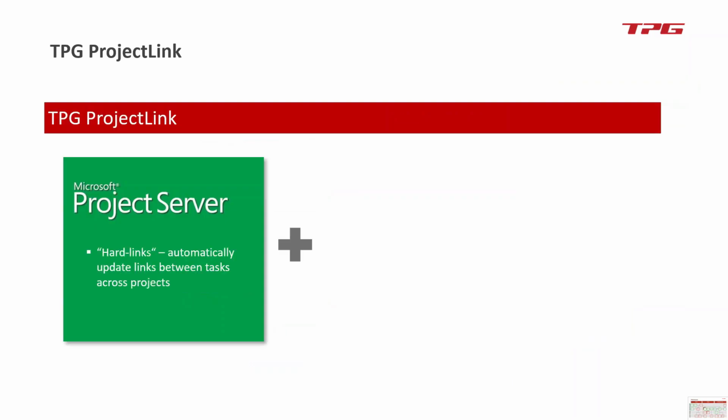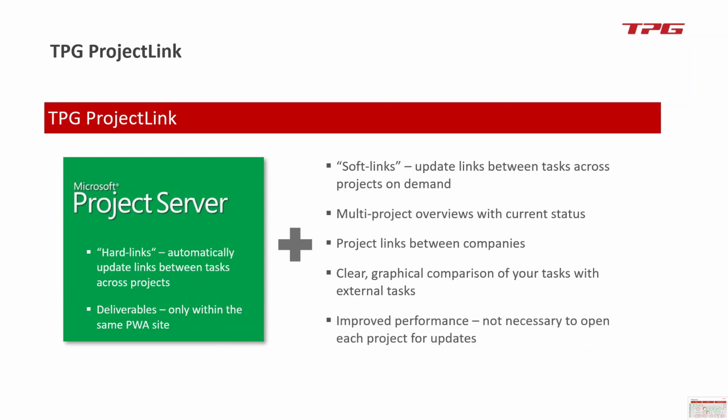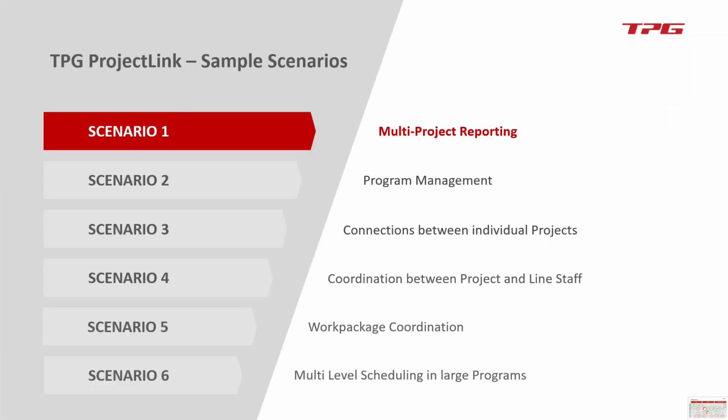So the TPG ProjectLink tool builds on the Microsoft Project Server technologies and adds notions like soft links and links across different companies, and other features that were enabled on top of the original features proposed by Microsoft.